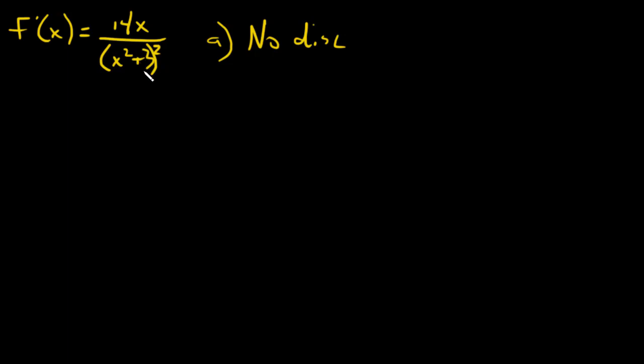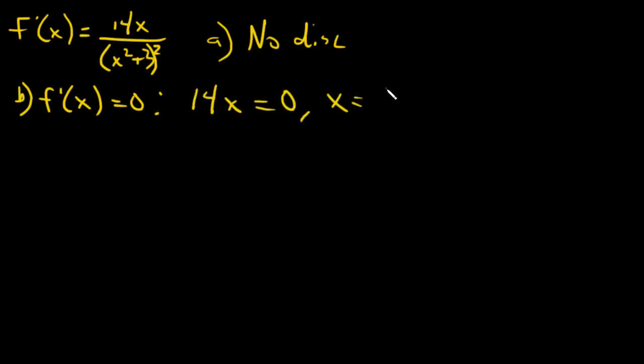So no worries there. That is completely continuous everywhere. And then for part B, I need to know when f prime of x equals 0. Well, that occurs when 14x equals 0, or x equals 0. So we have a horizontal slope at x equals 0. So that's good to know.